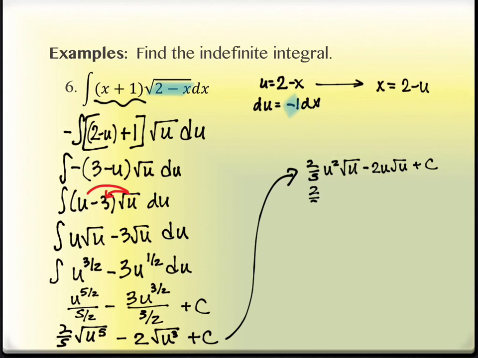So I have 2/5, 2 minus x squared, square root of 2 minus x, minus 2 times 2 minus x. Oh my goodness, running out of space. Times the square root of 2 minus x plus c. Notice that they both have a square root of 2 minus x in them.